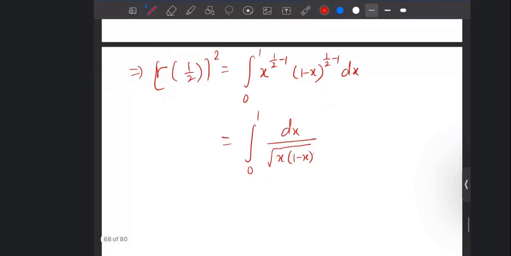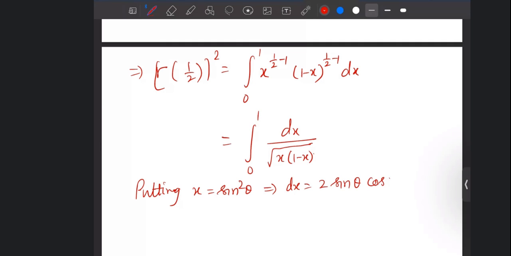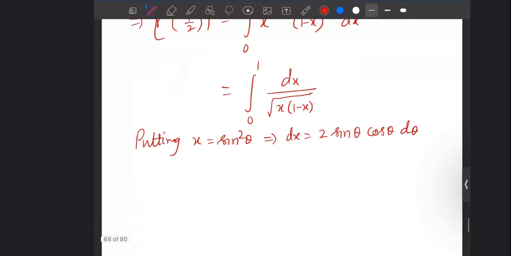Now to solve this particular type of integral, we can consider putting x is equal to sine square theta. This implies dx is equal to 2 sine theta cos theta d theta.